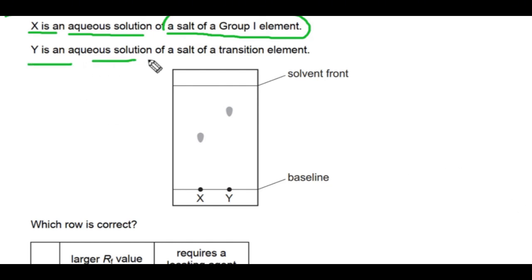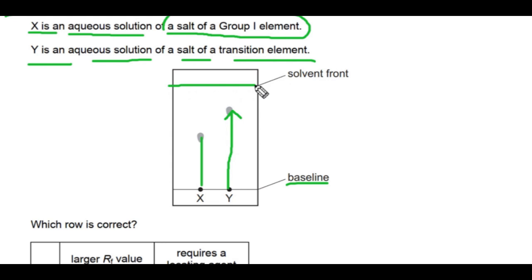Y is an aqueous solution of a salt of a transition element, and you know transition element salt solutions are colorful, they have color. Now you see from the chromatography baseline, X moves this distance, Y moves a greater distance from the baseline. So the Rf value of Y will be greater than X.